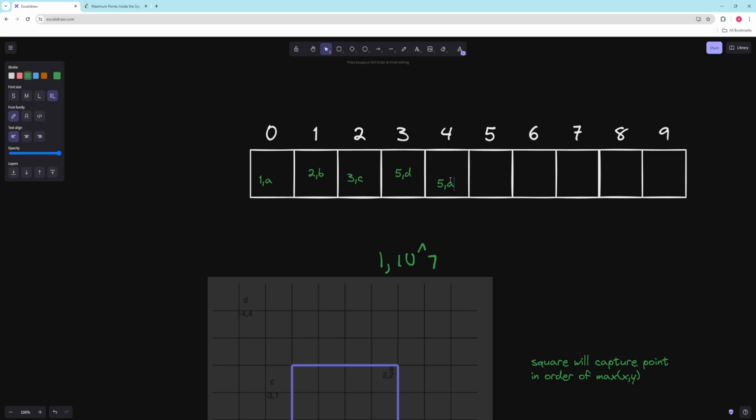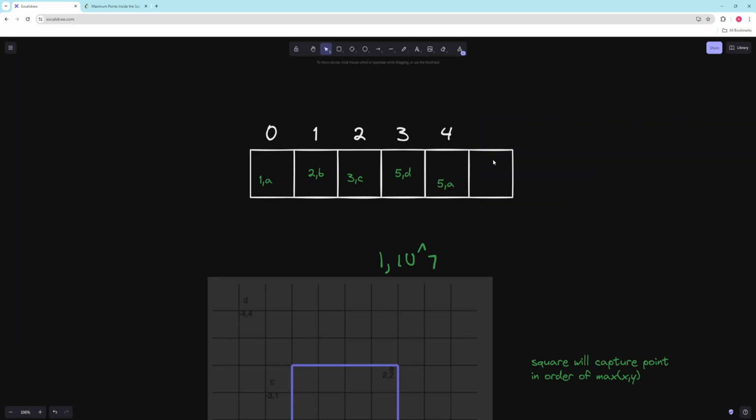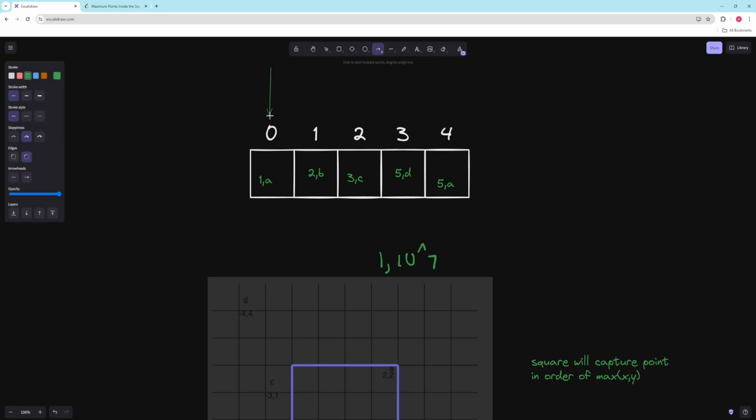This will be a fine example. Basically, we start at the first point, and since it's sorted, we have to check our points in groups. If we're at a 1 here, we have to get all the points that have a 1 because they're going to be captured at the same time. In this case, we only have one, which means we can capture this point in the smallest square we can. So this would be fine to add to the square.